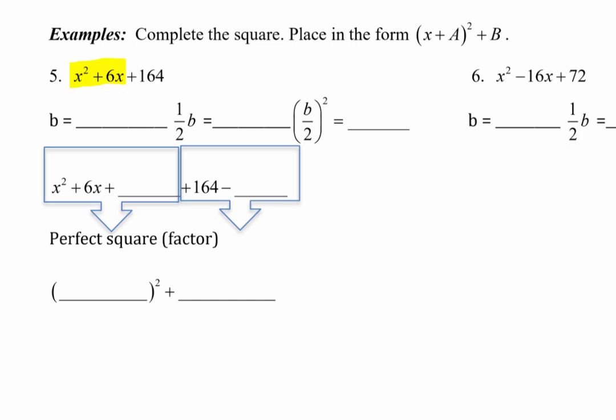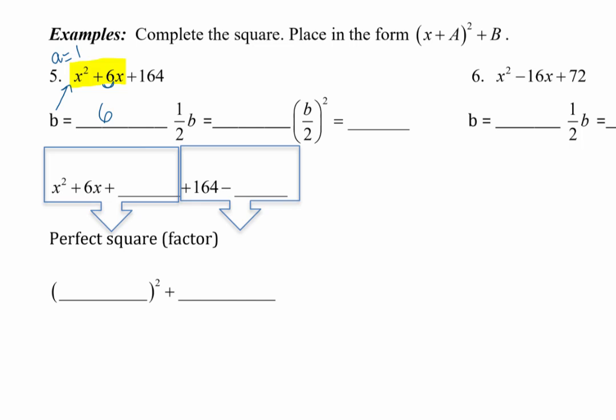In our notes, I went ahead and put in some fill in the blank little helpers here. First of all, b is the coefficient of x, which is 6. And again, this is b because a is 1; the leading coefficient is 1. So we're going to use b as 6.